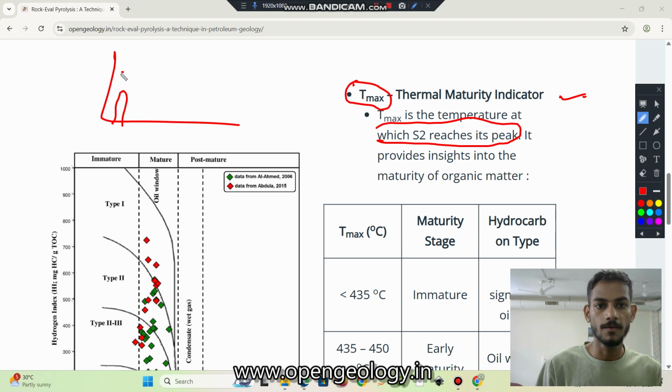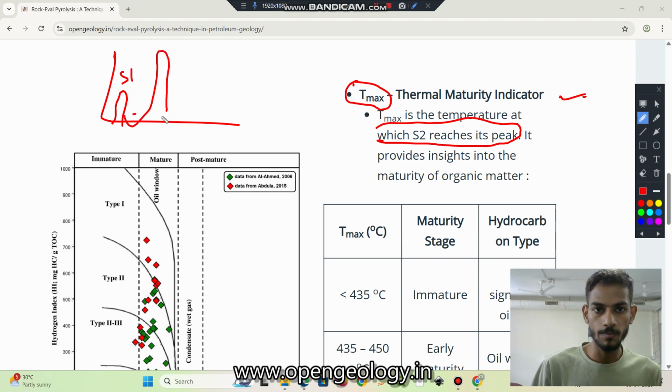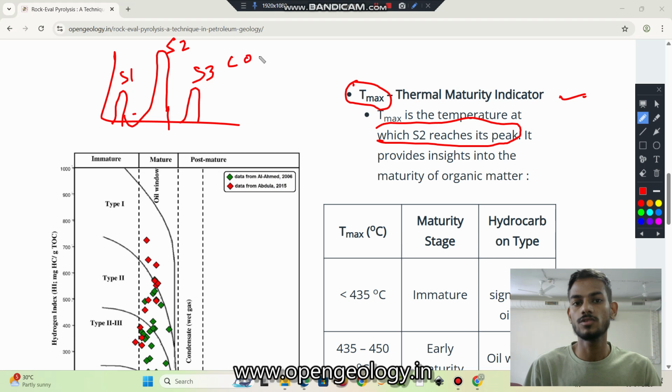S1, that is whatever hydrocarbon is already present, it will evaporate. Then we have the S2 peak, which is formed by the breakdown of kerogen and hydrocarbon release. Then we have the S3 peak, that is release of CO2. So S2 will have the maximum temperature. So this is the Tmax. So Tmax is the temperature at which S2 reaches its peak.